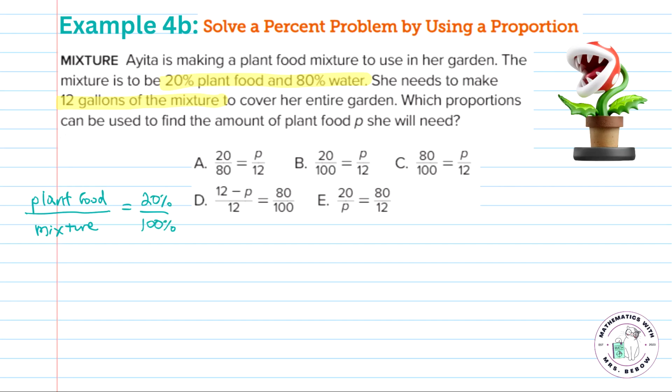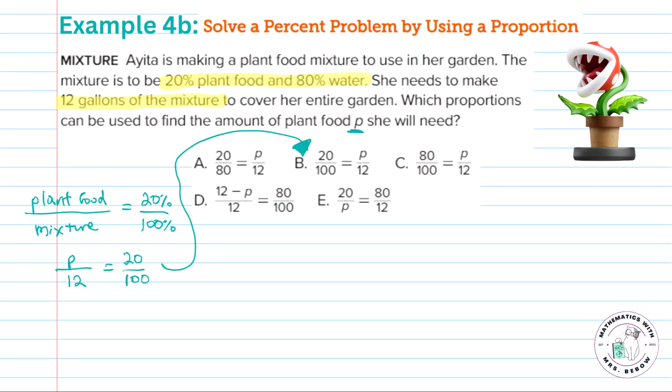We're going to use P for plant food, so we don't know the amount of the plant food. We know that the mixture is 12 gallons. And then again, we have that 20 over 100. So we should see a proportion that's going to match this situation in our options here. And it actually ends up matching with option B. So 20 over 100 equals P over 12. So the plant food over the mixture equals 20% over 100%. That's one option of how we could set this up.